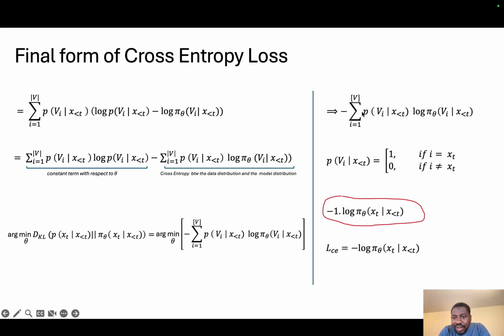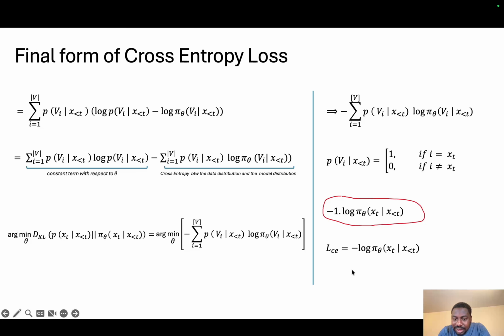So the summation cancels out every other token except xt. And so we have minus 1 multiplied by log, where this becomes 1.